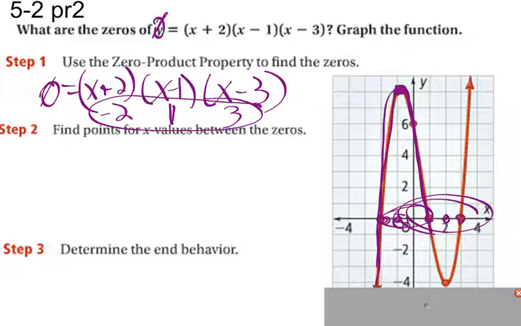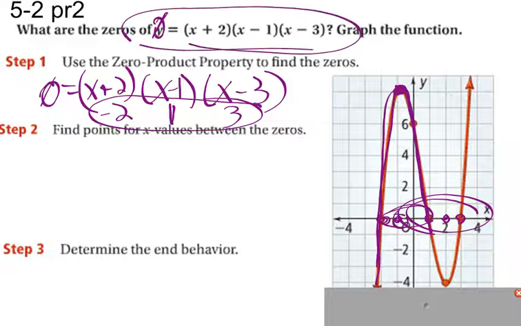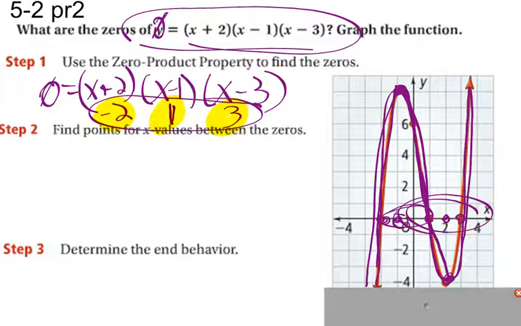So pick 2, and you find if you plug 2 into this equation, you're going to get a negative 4, which would put you here, which means, okay, and now we're going to go back up through our intercepts. So remember, these three things, negative 2, 1, and 3, those are your x-intercepts. Then you pick a point in between and see if it's positive or negative, and then graph. So the end behavior of this would have been a down-up.